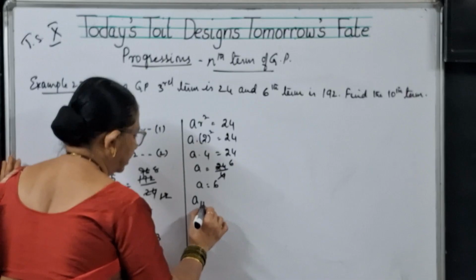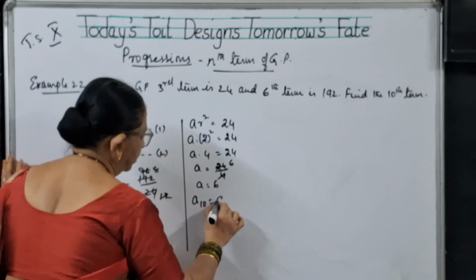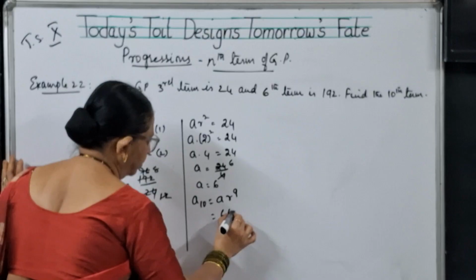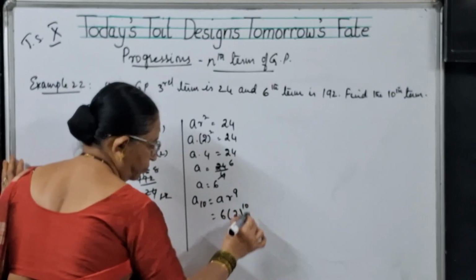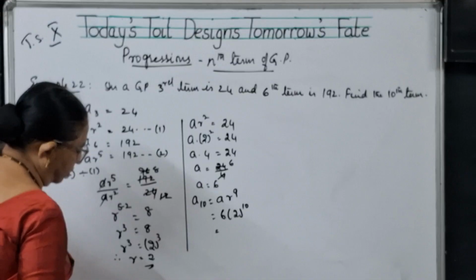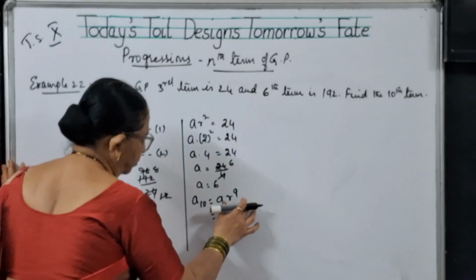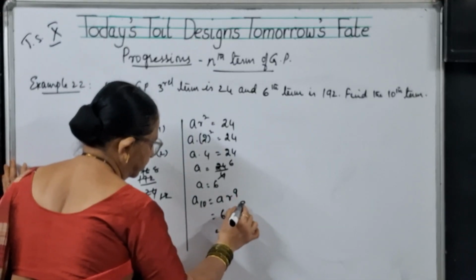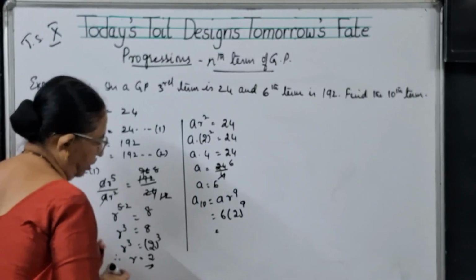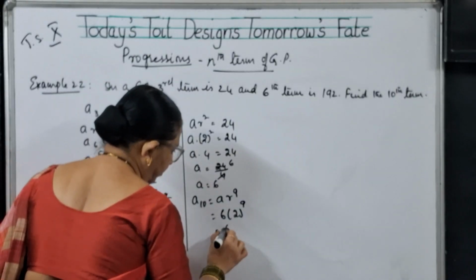So the 10th term a10 is equal to a into r to the power of 9. That is 6 into 2 to the power of 9. What is this, children? 2 to the power of 9.